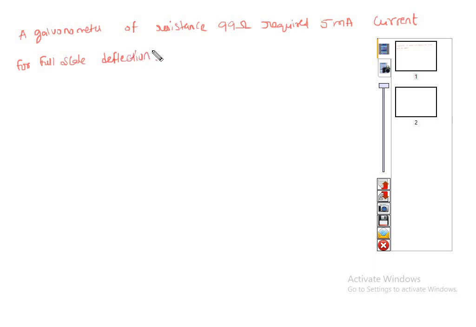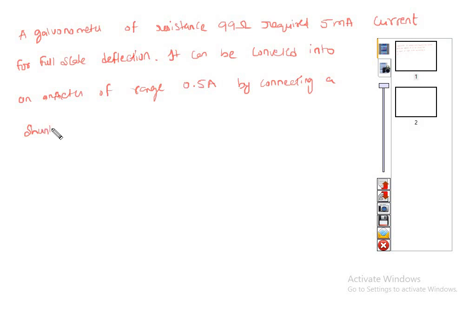It can be converted into an ammeter of range 0.5 amperes by connecting a shunt resistance of, first option 1 ohm, second option 2 ohm, third option 4 ohm, the fourth option 3 ohm.